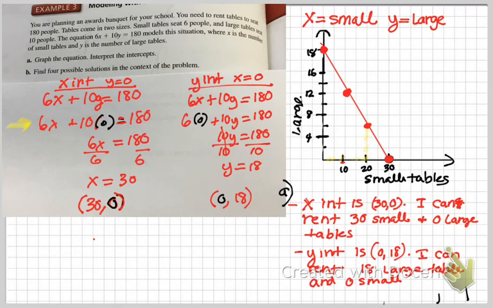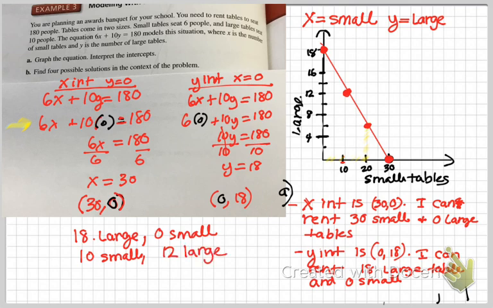So some of my possibilities are 18 large and 0 small. I have 10 small and 12 large, because I'm following the graph.